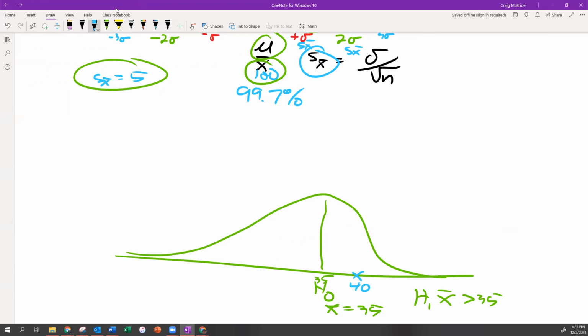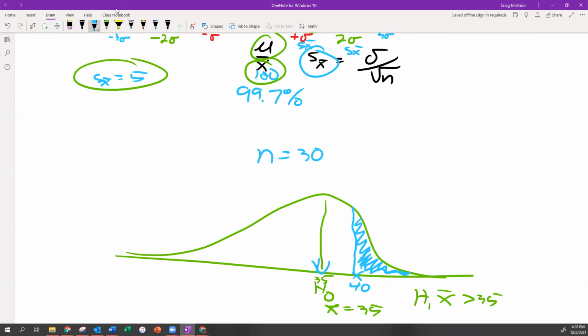Based on assuming that this is where it should be, we can calculate the area under that curve and say, if our population mean was in fact 35, then this would be the curve representing all possible samples of size, let's say, 30.